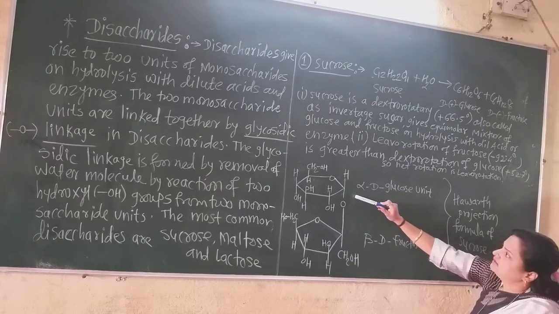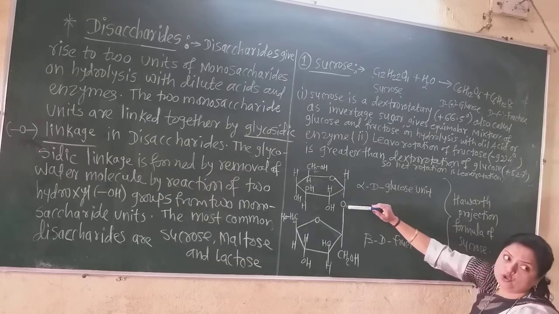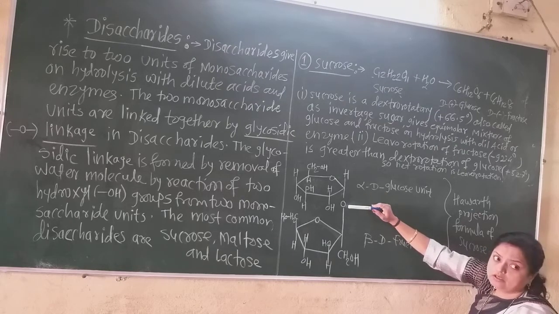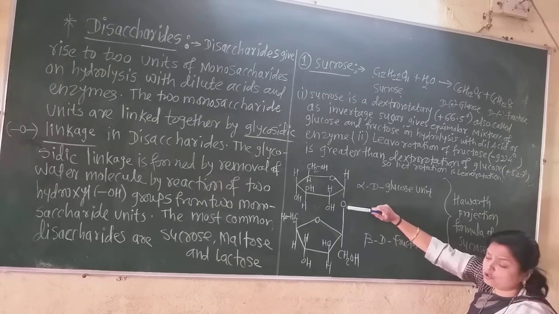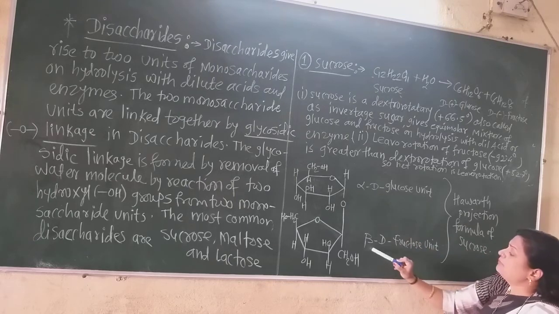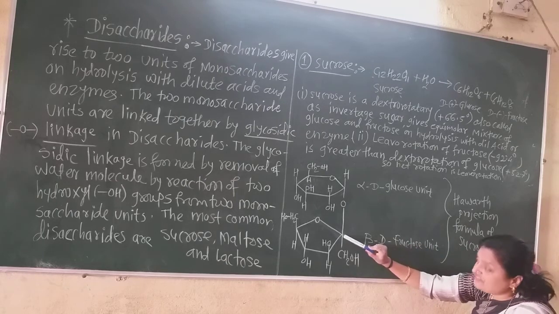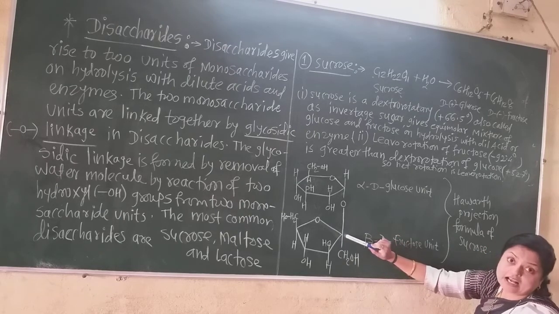Here is the anomeric carbon, number 1 carbon, which has the OH group to the right-hand side in the Fischer projection formula of glucose. Now the hydrogen atom of one of the hydroxyl groups of this glucose molecule, and this is the beta D fructose molecule in which the hydroxyl group is at the upper side at the second carbon atom of the fructose.